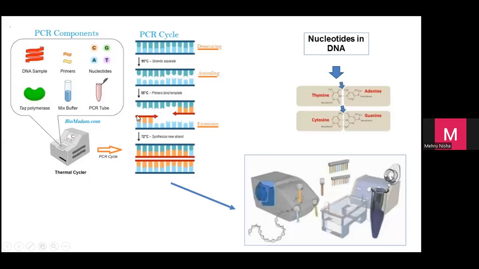Sebab kalau primer ni ada A, mesti dia lekat dekat T. Kalau ada C, dia lekat kepada G. The same thing. Lepas tu kita ada dalam buffer, mereka akan lekat di sini dengan bantuan Taq polymerase. Then the extension started. Extension ini perlukan satu suhu, we call it 72 degree extension cycle.